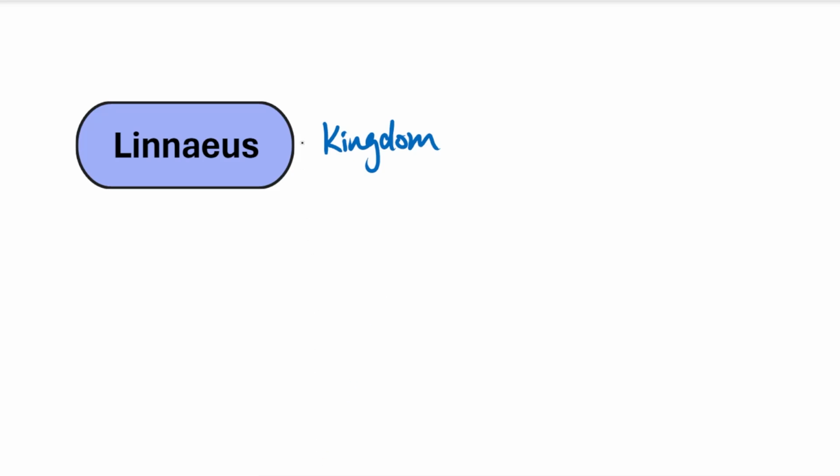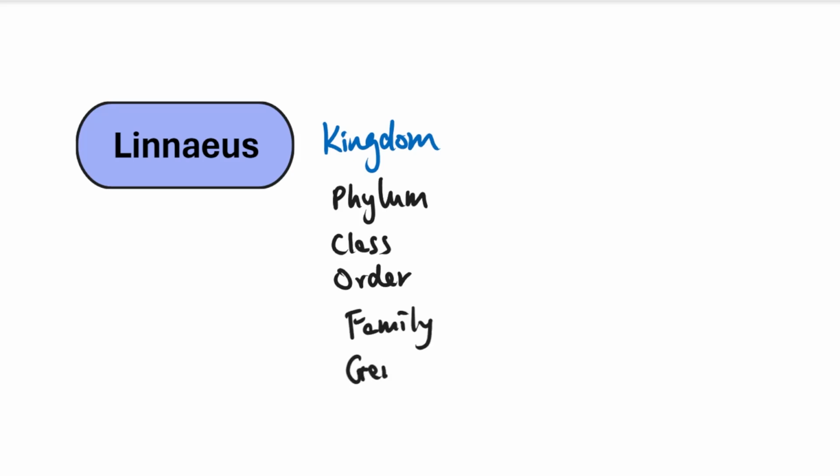And then once the organisms are grouped into the same kingdom, then they can be split into phylum, which is the smaller group there, then class, then order, then family, then genus, and species. So it's kingdom, phylum, class, order, family, genus, species.